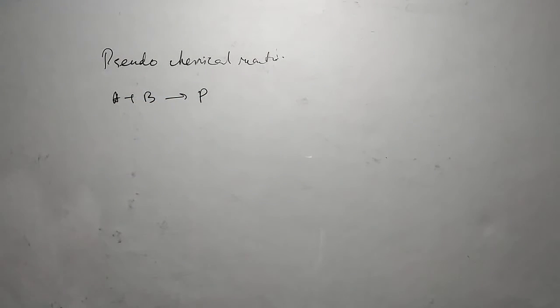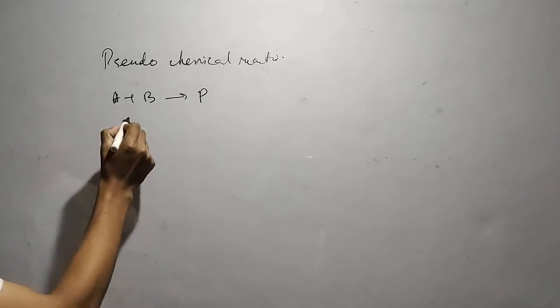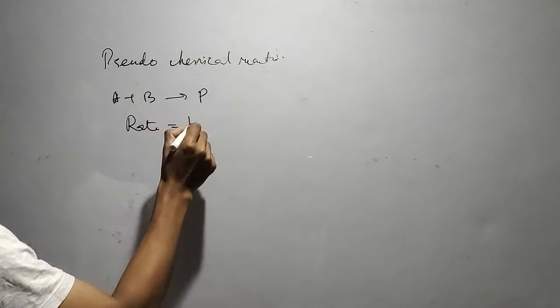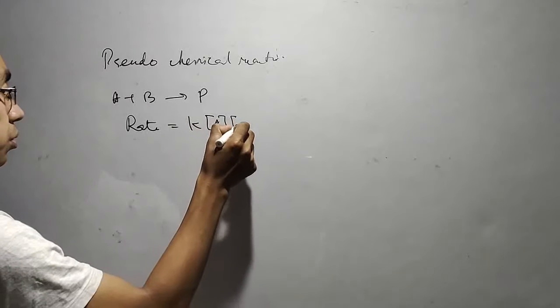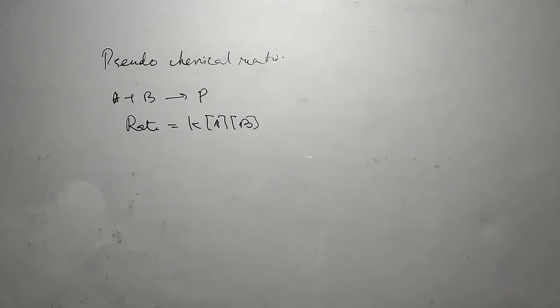Here we write the rate as K of A into B. Now suppose one of the reactants has a high concentration, then there will be little change in its concentration. In other words, the concentration of that reactant remains practically constant during the reaction.